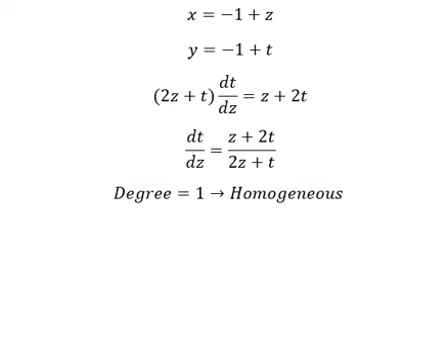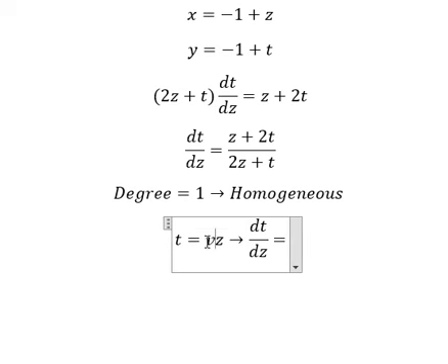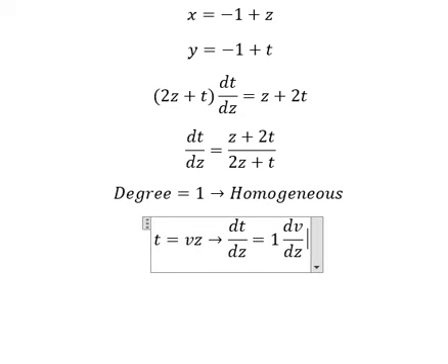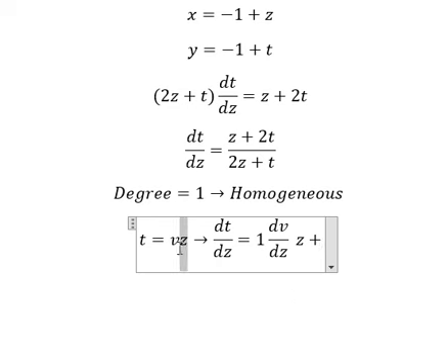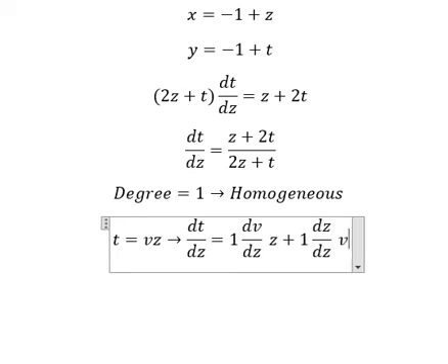So this is the root number 1. So I will put t equal to vz. Later we need to do first the derivative for both sides. First the derivative of v, that is 1 dv over dz multiplied by z. This one is 1 dz over dz multiplied by v.